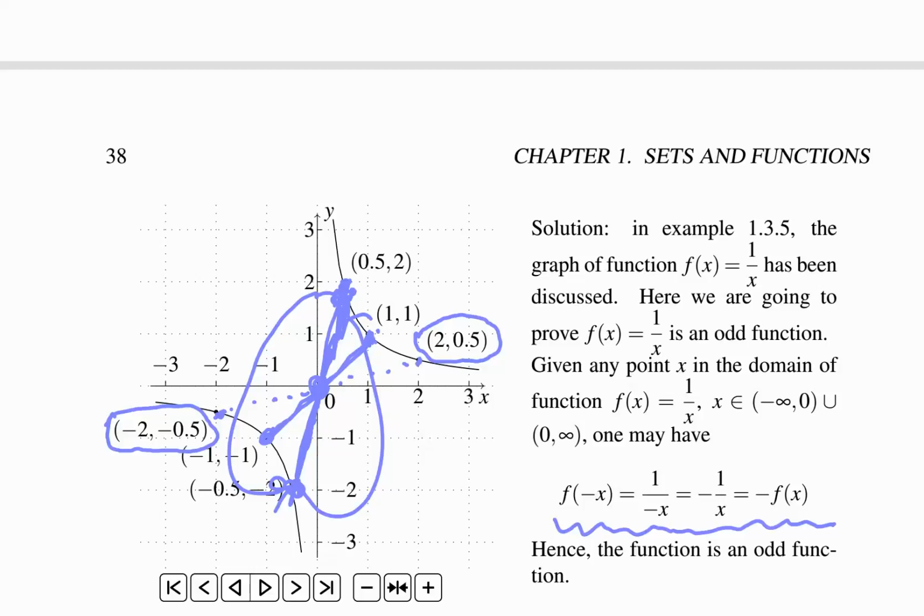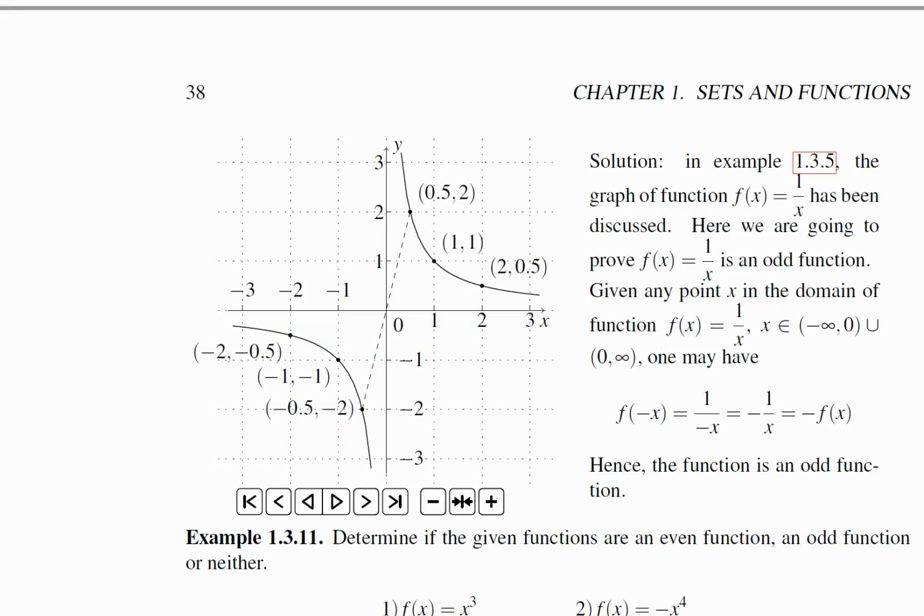Let's look at the animation graph. Okay, so here is the one. You see, you connect those 2 points. This is the dotted line, which goes through the origin. Those 2 points are symmetric with respect to the origin.